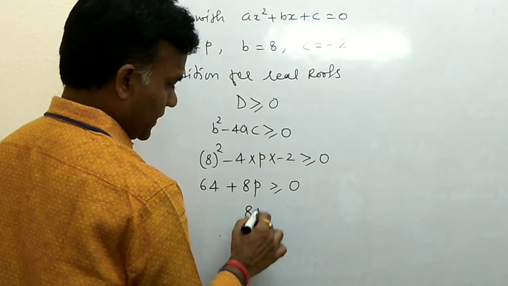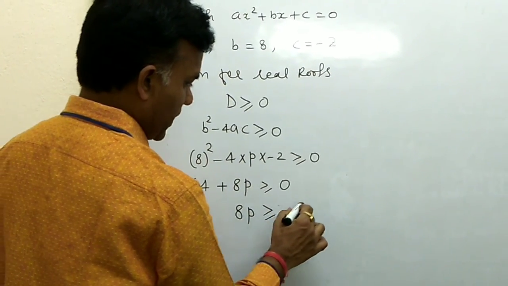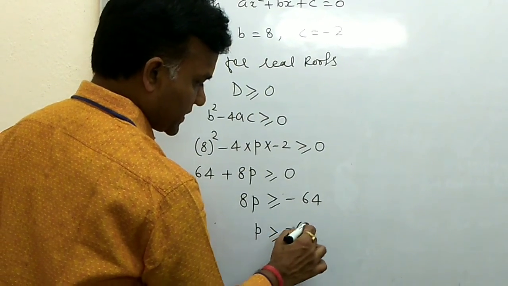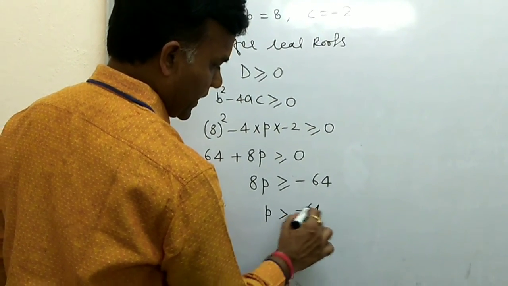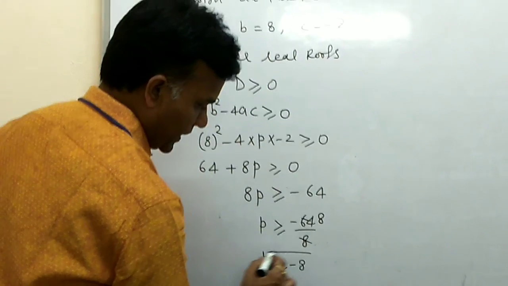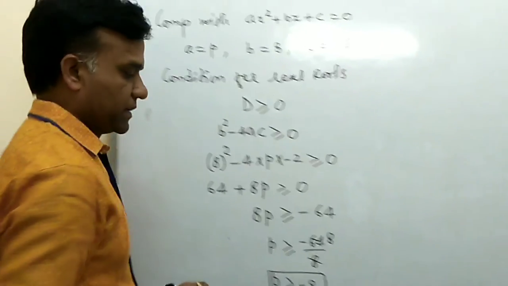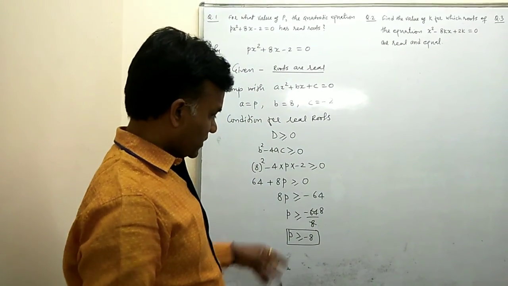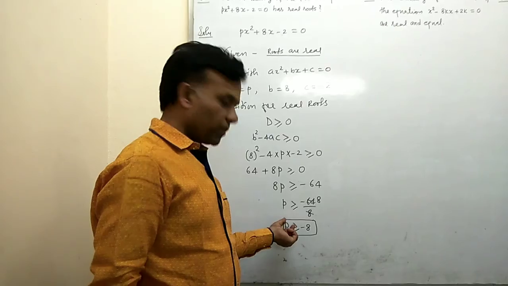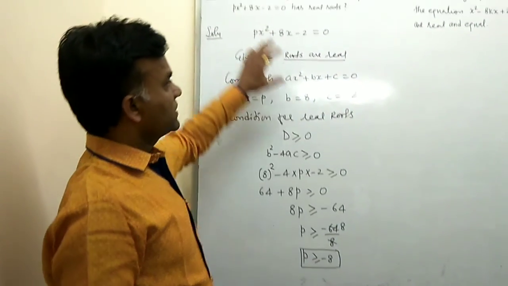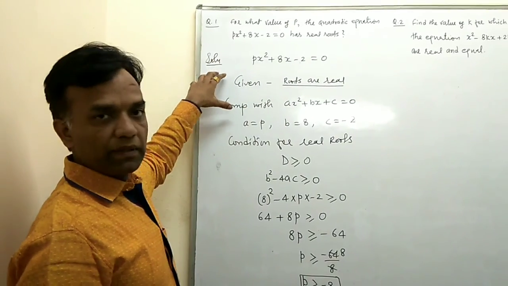So 8p is greater than or equal to minus 64, and p is greater than or equal to minus 64 upon 8. The final answer is p greater than or equal to minus 8. So for this value of p, the roots are real. This is how we find the unknown term with the help of the given condition.